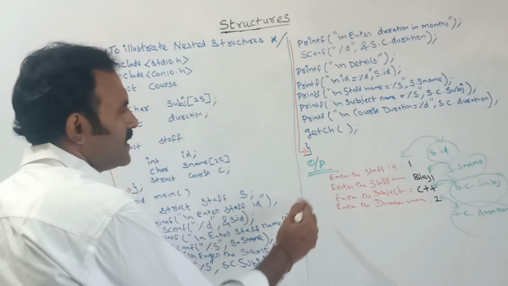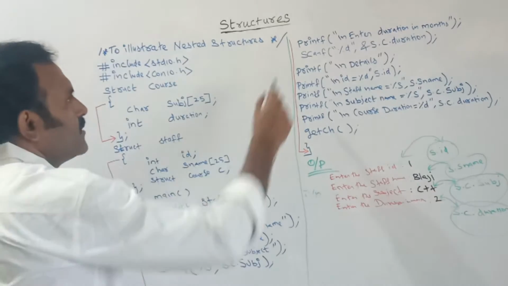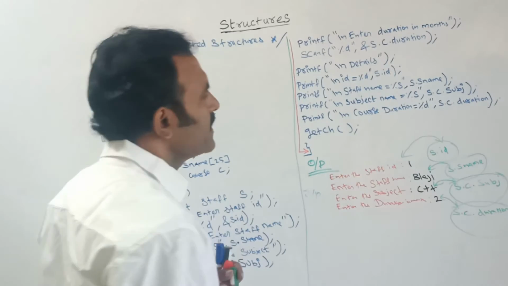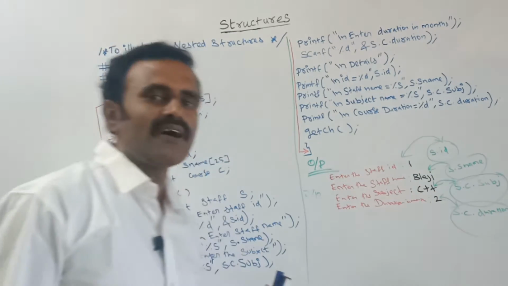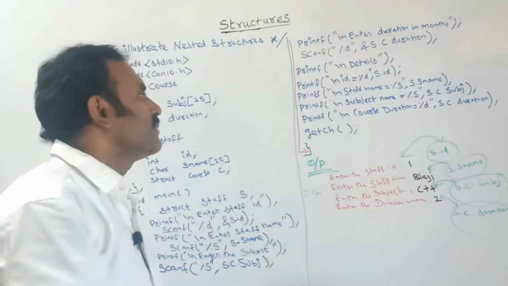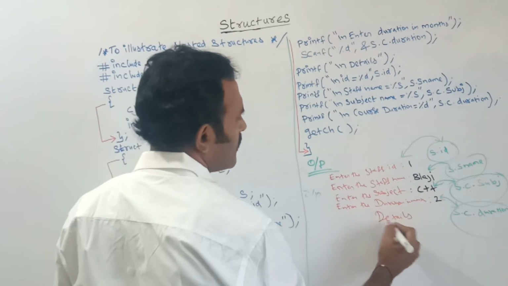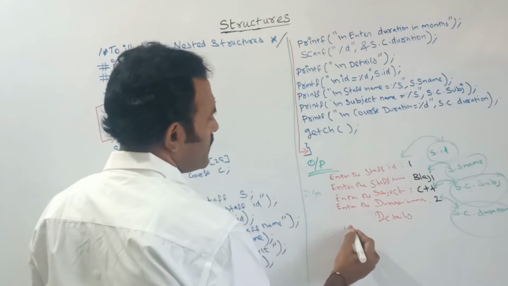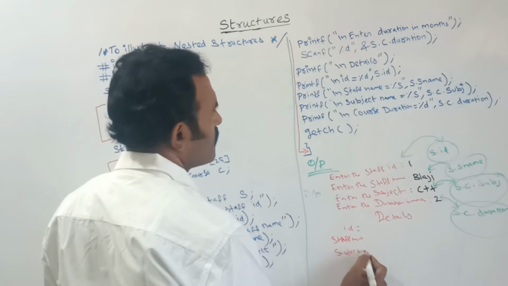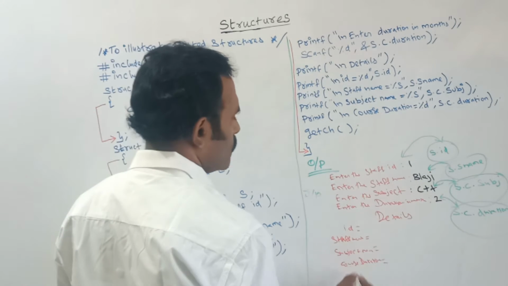So all of this is getting the input. Up to here I had given the input. Next, from here to here, I am telling it to print the output. The data we gave on the keyboard, which the structure members collected, will be displayed here. I am telling it to print the details, after that the ID, and so on up to the course duration.